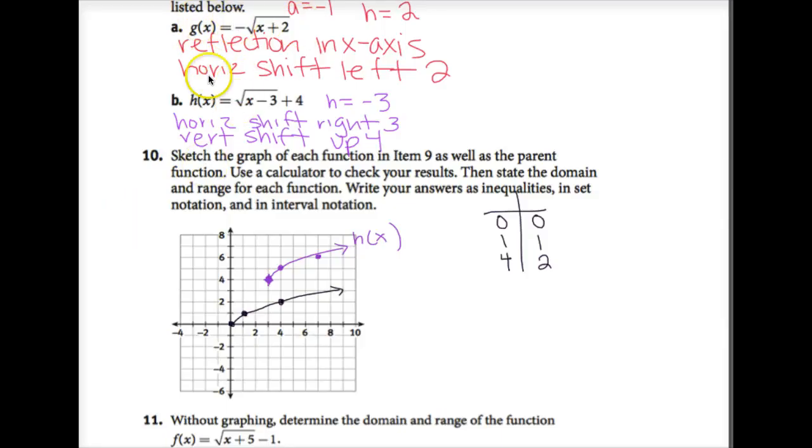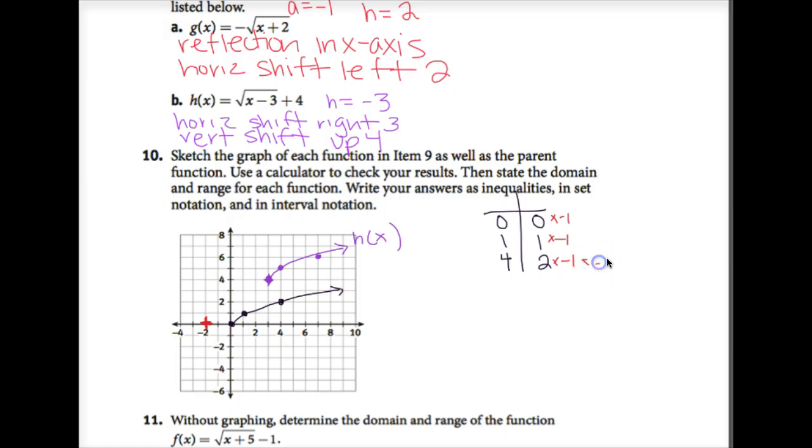And now finally g of x. Reflection in the x-axis, remember, means that I'm multiplying by -1 on the y column. It's flipping upside down. I do my shifting first, so left 2 it says. So new origin is going to be right here. And again, because of the reflection, I like to multiply my y coordinates by -1.